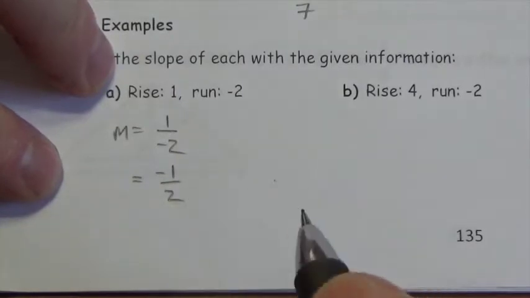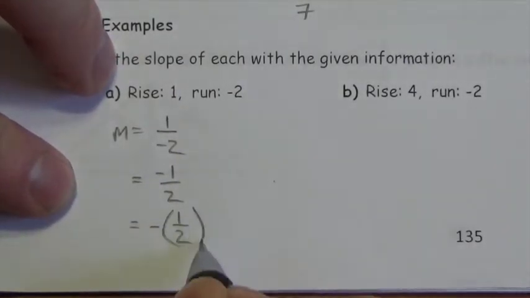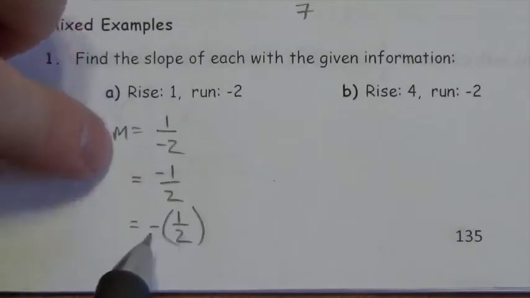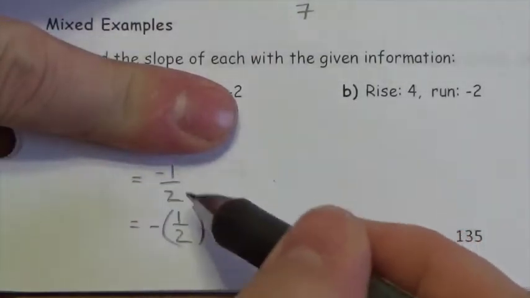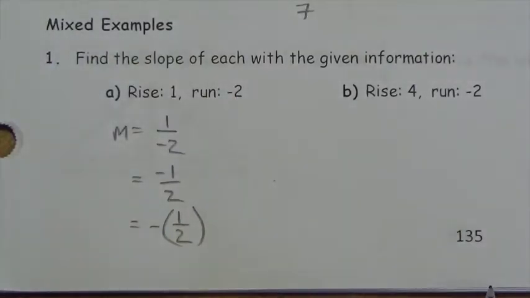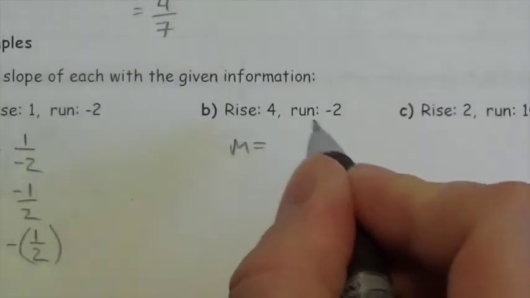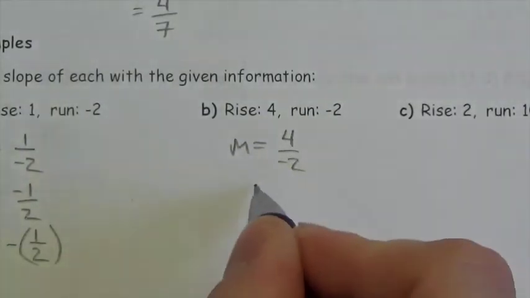I could either move that negative up top, or I could move the negative in front. And actually, it might even help if I put brackets around it when I do this, just so that I understand what specifically is being made negative. It's the whole thing. These are all equivalent. These two bottom ones are going to be typically easier to work with. Just saying. Here, slope is rise over run, so 4 over -2.